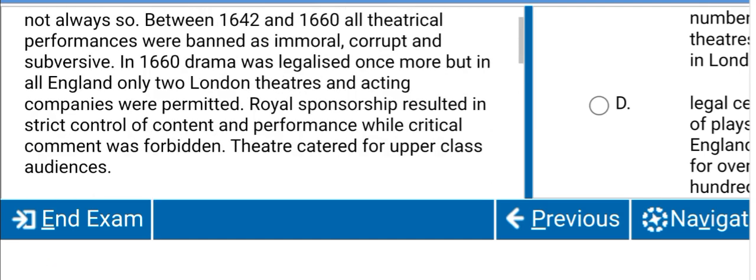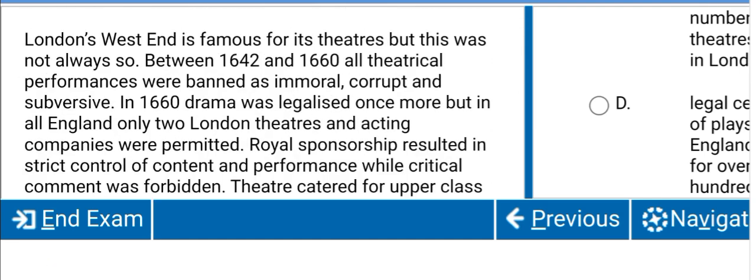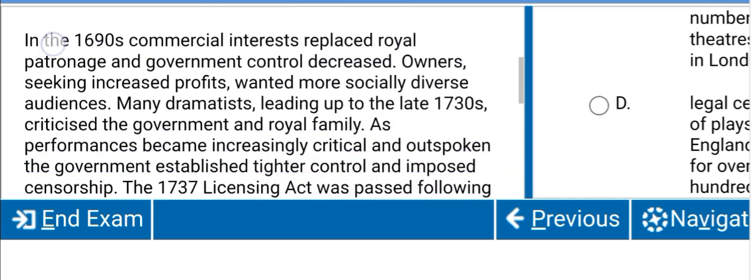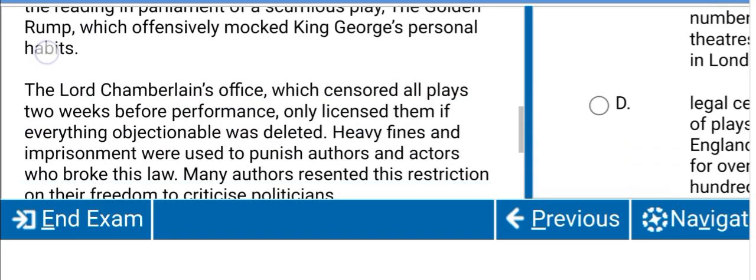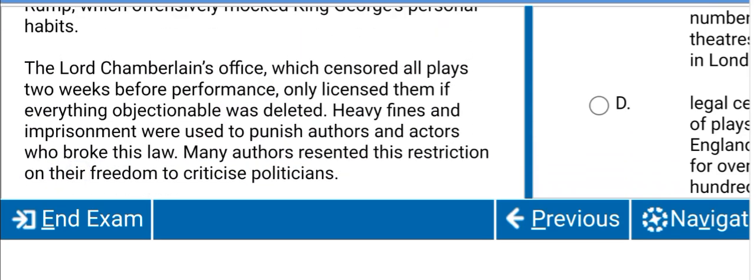You can take a look at these paragraphs and find out your right answer.